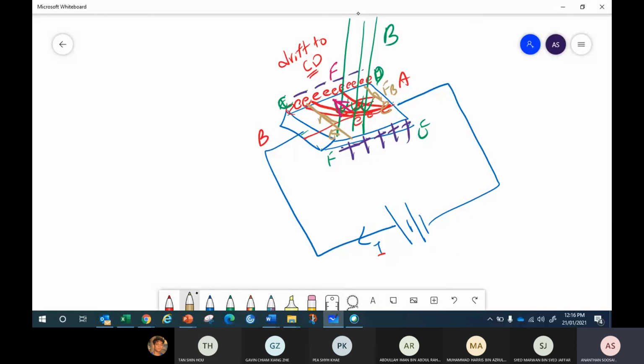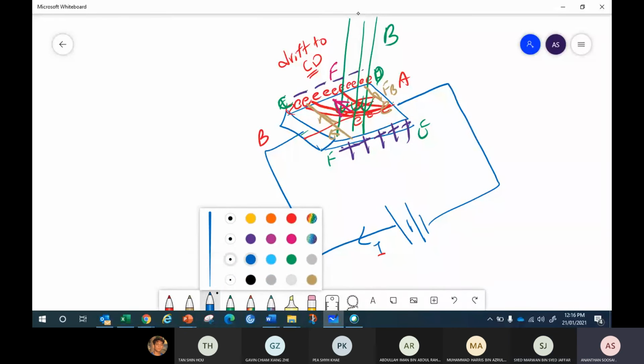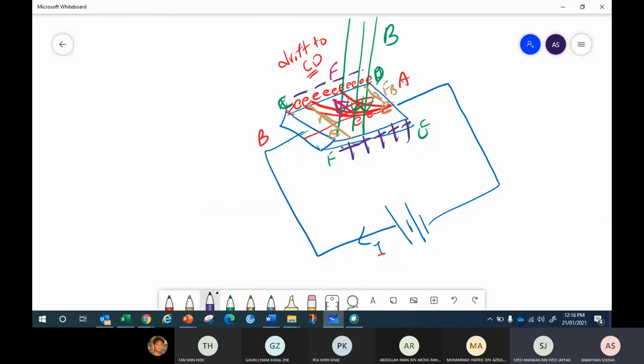The electron is attracted to the positive plate or a negative plate? Attracted to positive. So the electric force will be towards FE or CD? It will be towards FE, right?